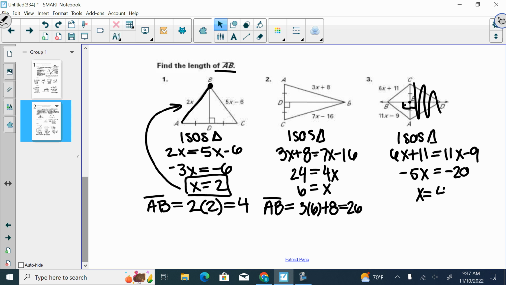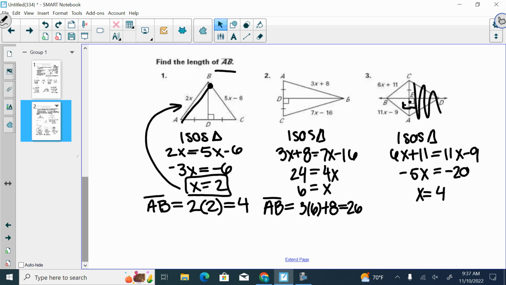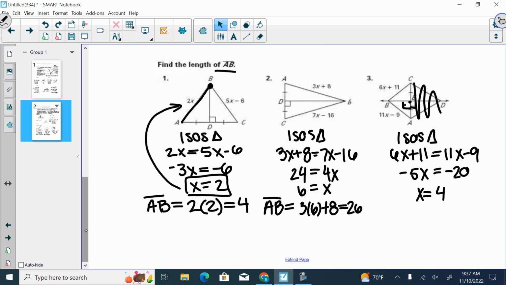Nice. Okay, so I have that x is equal to 4. I want side AB, so I just need to substitute that in, right? So AB is equal to 11 times 4 minus 9. So side AB is, very good.